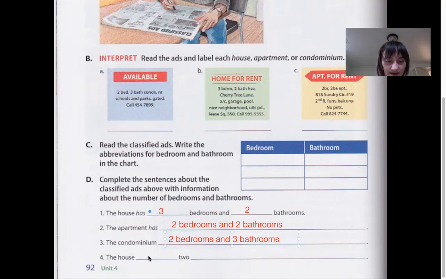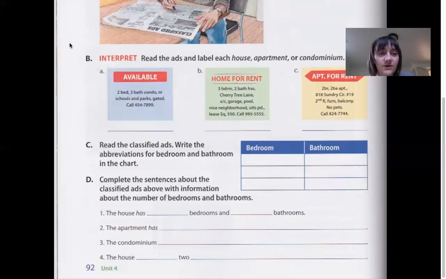All right, now this says the house blank to blank. So what does it have 2 of, bedroom or bathroom? So what you would say is the house has, we use the word has, 2 bathrooms. Okay. All right, so that's this page.